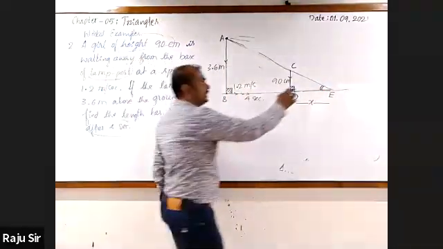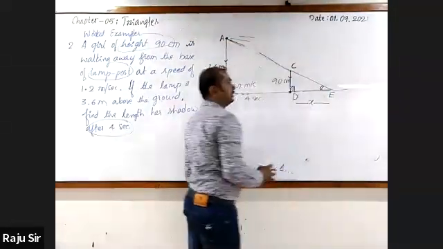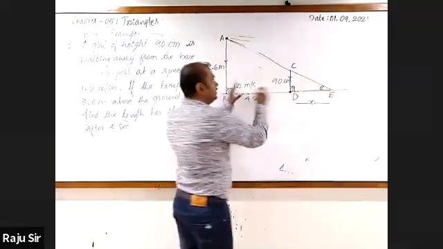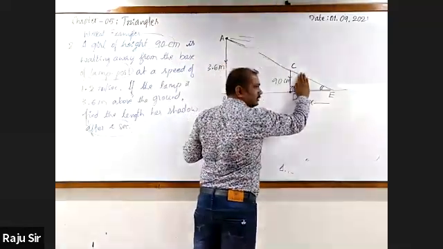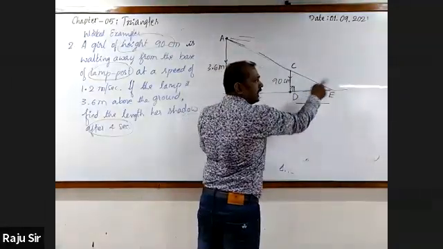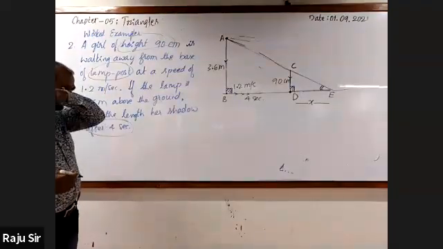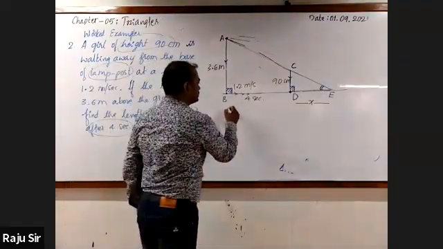Common angle. Angle E is an angle of ABE, is also an angle of CDE. In these two triangles, corresponding angles are equal. Then what do you say about those two triangles? Similar. Name those two similar triangles.